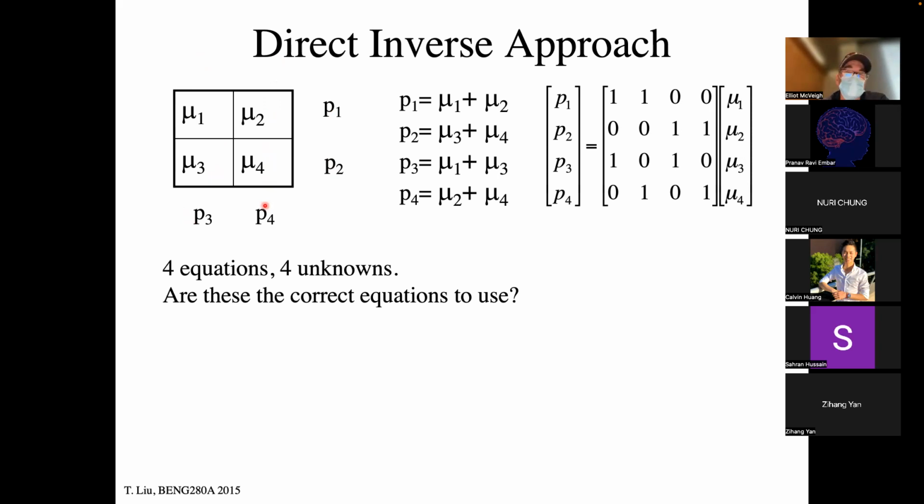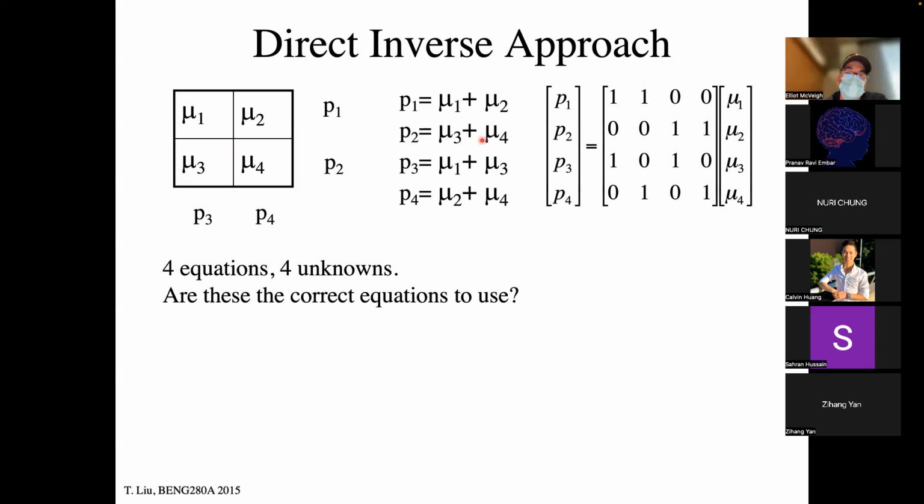So my raw data that I get from my projections through the object, well, actually 4 projections, I can write down like this, right? I know that P1 is mu1 plus mu2. This is just the generalization of that integral, or a particular instance of that integral.